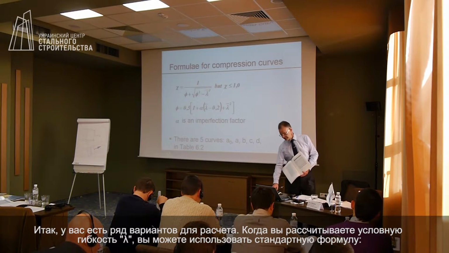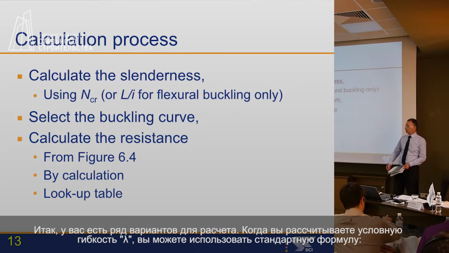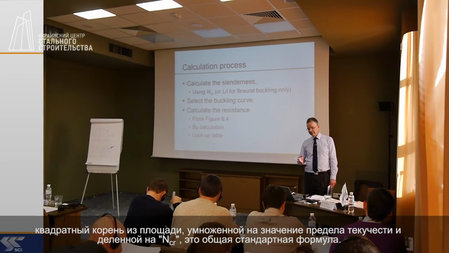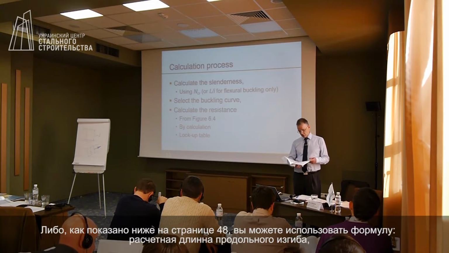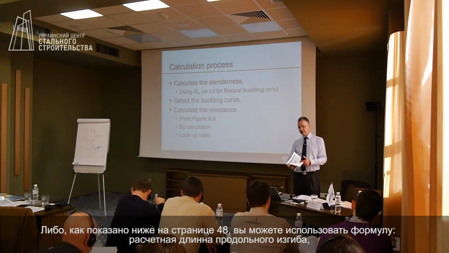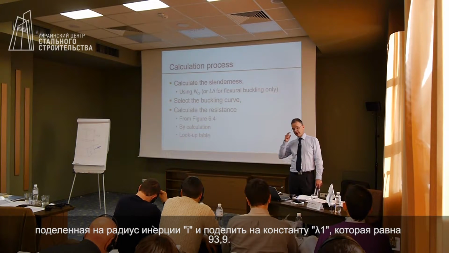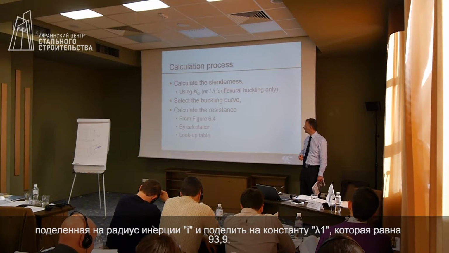In actual fact, this afternoon you have a number of options, because when you calculate the slenderness lambda bar, you can either use the root of area times yield divided by N crit, that's the general expression, or halfway down page 48 you can use L over i, the radius of gyration, divided by lambda 1, the constant, which would be 93.